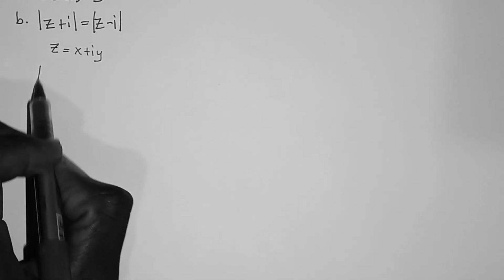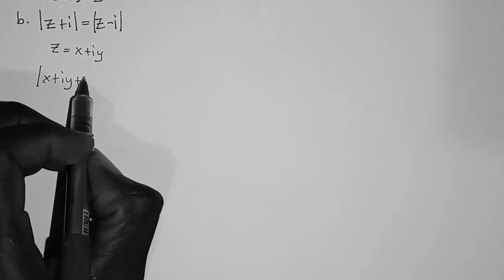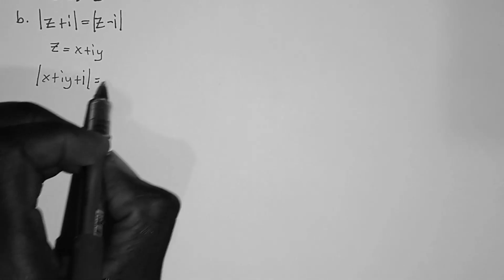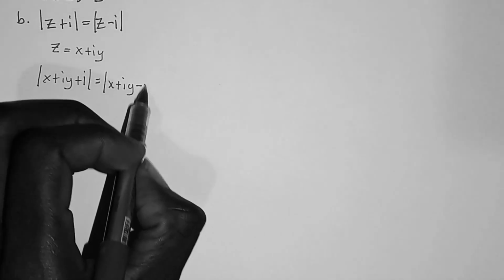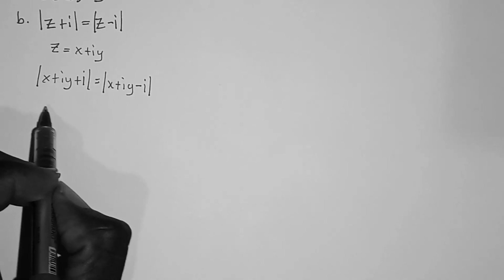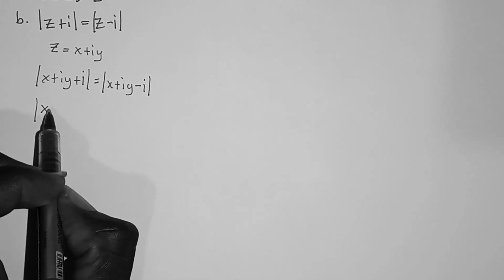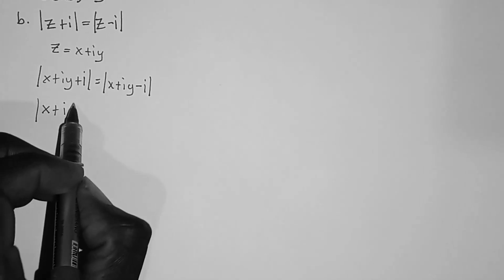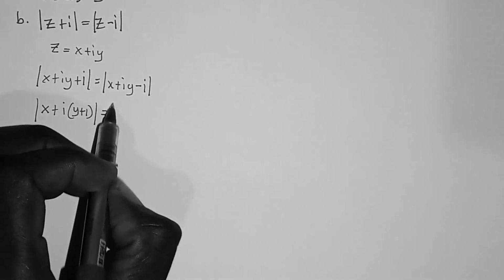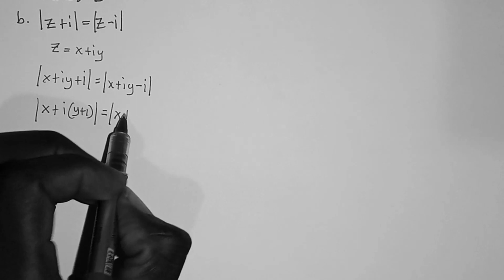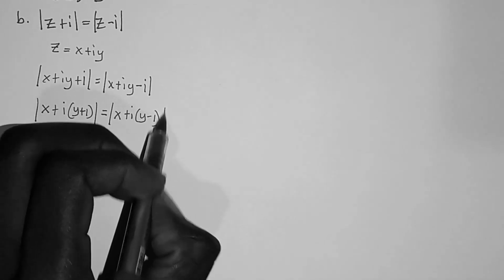So this becomes modulus of x plus iy plus i equals modulus of x plus iy minus i. And this is equal to modulus of x plus i(y plus 1) equals modulus of x plus i(y minus 1).